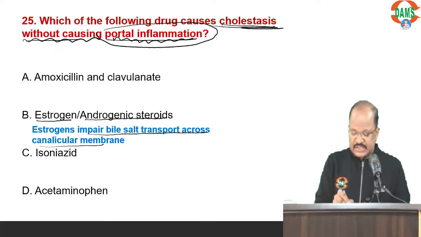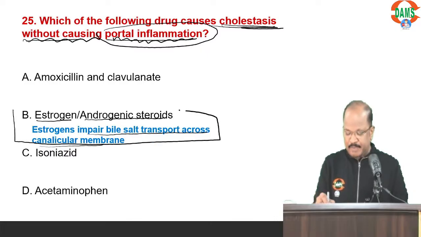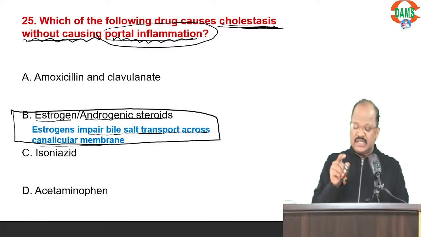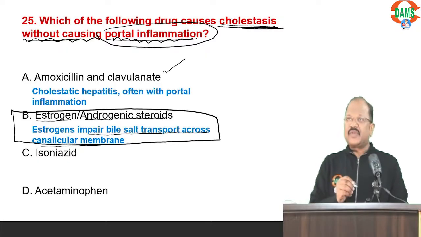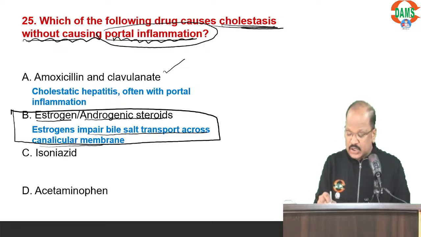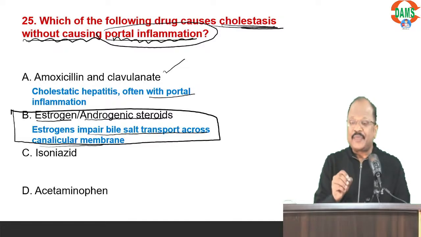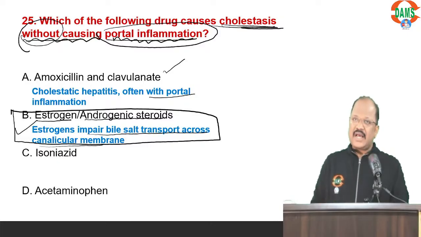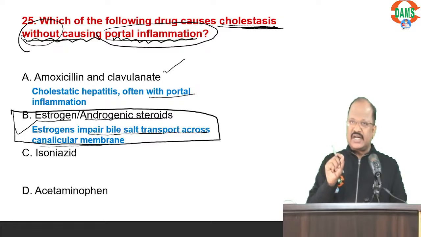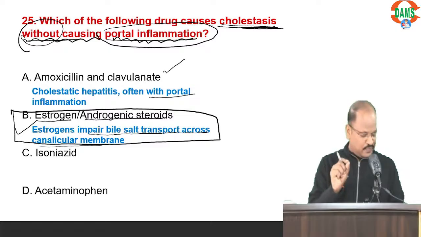So the best answer is option B. But the doubt is regarding option A, amoxicillin clavulanic acid. This will cause cholestasis, but it also causes portal inflammation. They're asking which causes it without, so go for option B, whereas amoxiclav has a risk of causing cholestatic jaundice and may cause portal inflammation also.